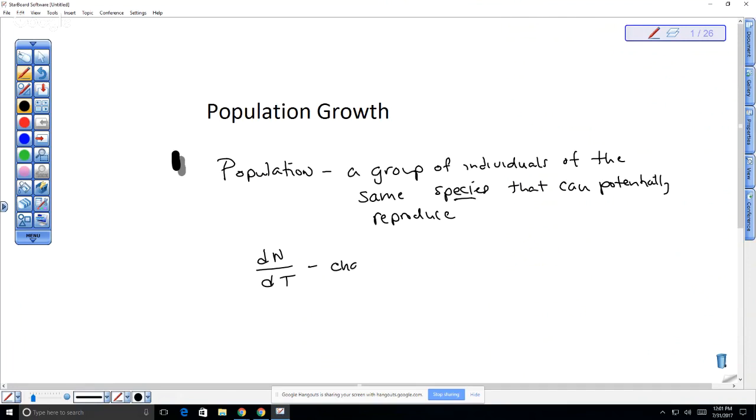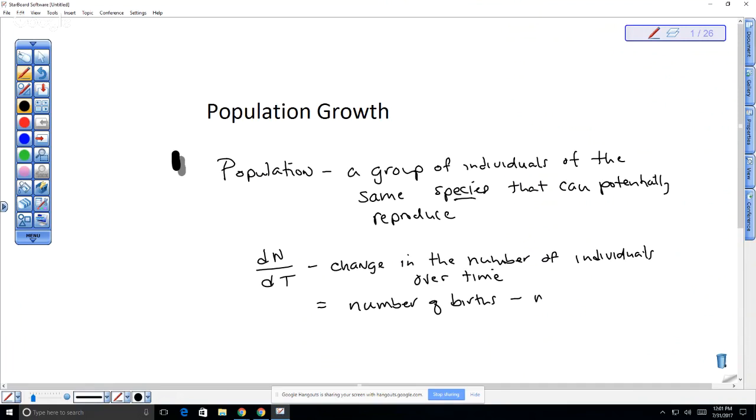So this is the change in the number of individuals over time. And in its simplest form, this is essentially just the birth rate: the number of births minus the number of deaths.